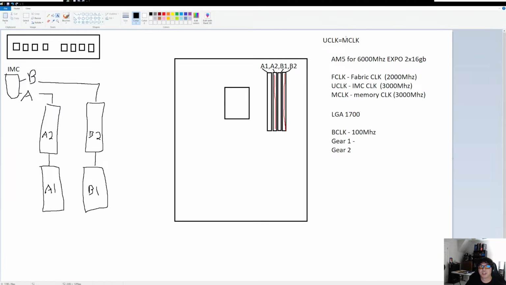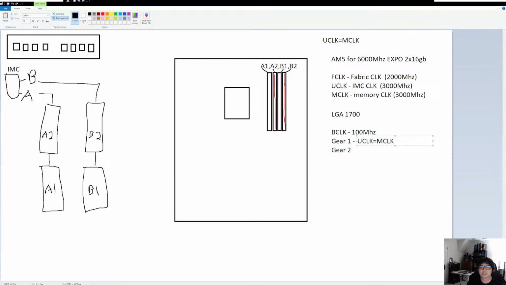I know we're using some AMD terms here, but basically U clock equals MEM clock is Gear 1 mode on Intel. Obviously, since U clock and MEM clock are AMD terms, just think of it as the RAM's memory clock being equal to the clock on the Intel integrated memory controller.